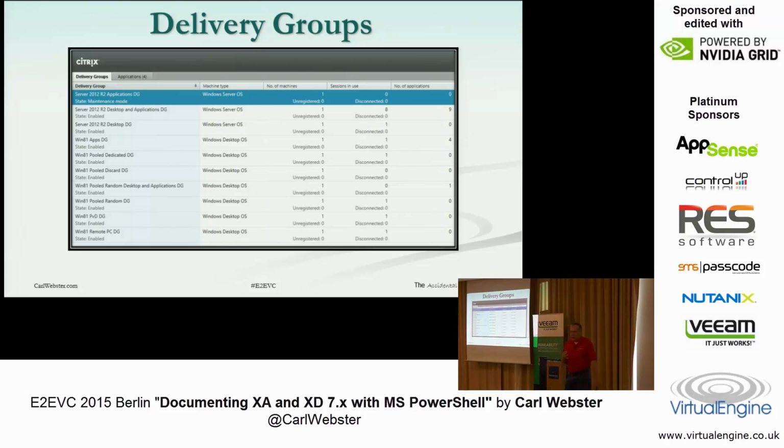Delivery groups, it was the same thing. I had to create one of every possible type of delivery group so I could make sure I got everything documented, because if you've ever looked at the properties for a delivery group, if you've got different types of delivery groups like random, static, PVD, remote PC, a desktop OS that also does desktop and apps, server OSs that do just desktop or desktops and apps, all of them have different properties.